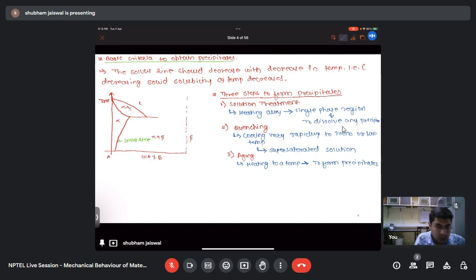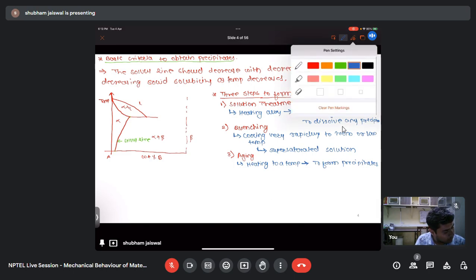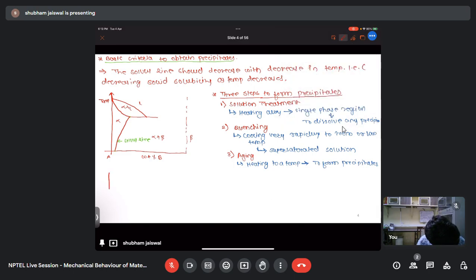Okay. So if I draw the heat treatment cycle for this precipitation, it will look something like this. Let's say here I have time, here I have temperature.